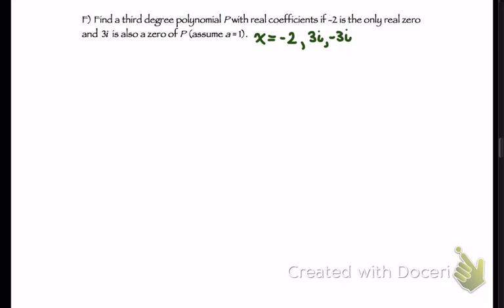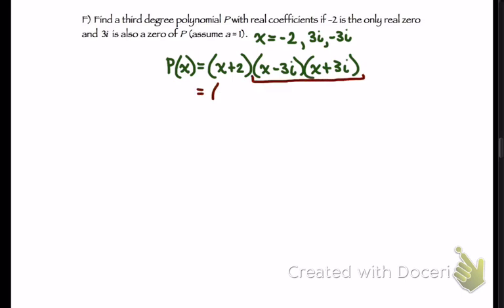If those are our zeros, how would we write our factors? Hopefully you're saying something like that. I think I'm going to FOIL those last two again. How do I FOIL them? Well, I know they're complex conjugates of each other, so I only multiply the first and the last.